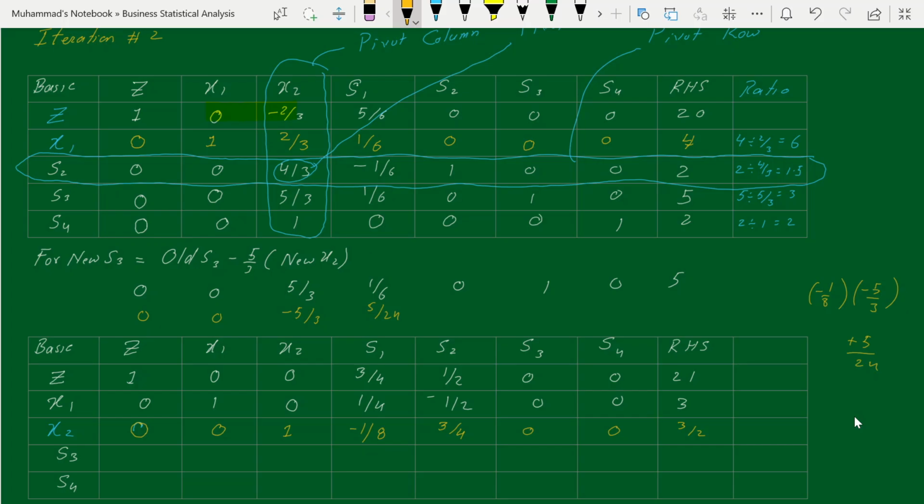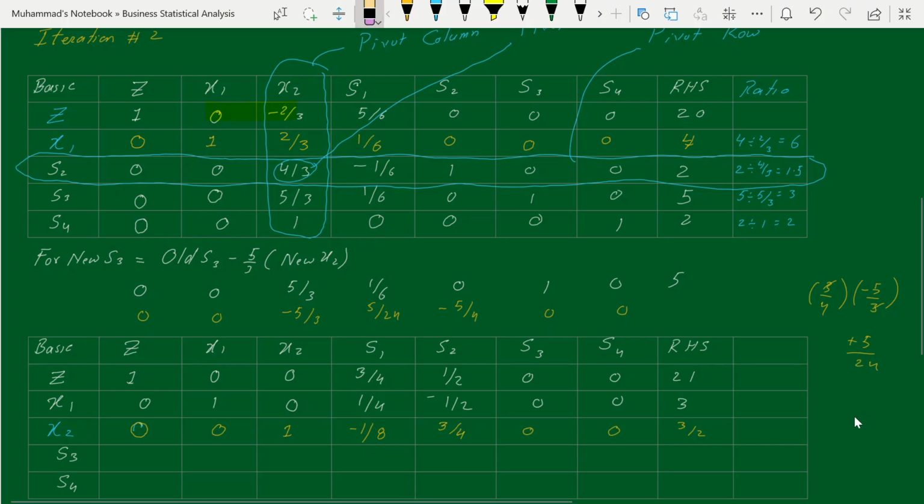Now I need to multiply minus 5 by 3 with 3 by 4. 3 cancels, so I can write down minus 5 by 4, and here is 0, 0.